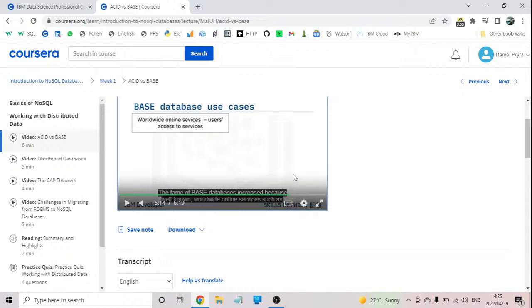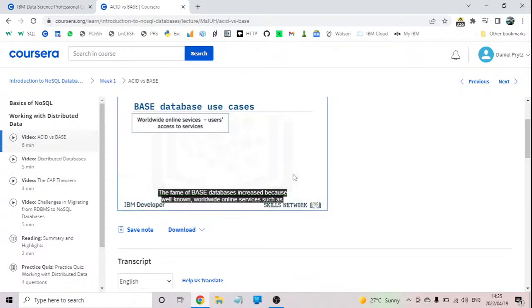Worldwide online services. So use cases of base. These are as follows. So these are mainly for worldwide online services.